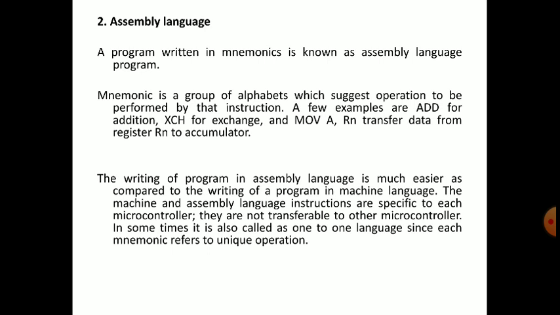Only then will it be executed. Otherwise we have to debug: bugs have to be identified and eliminated, and only then will it be executed.